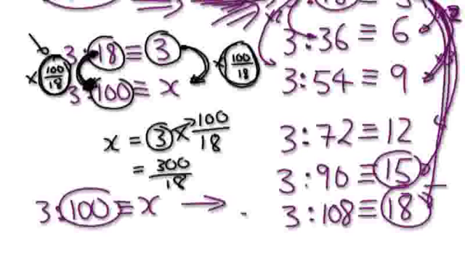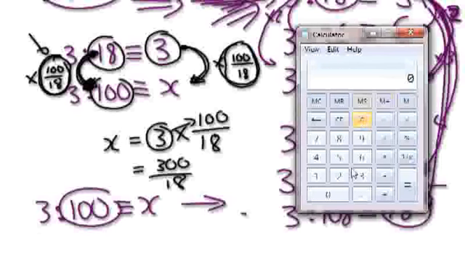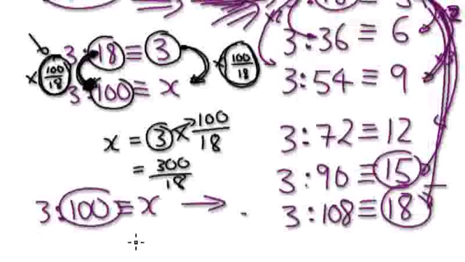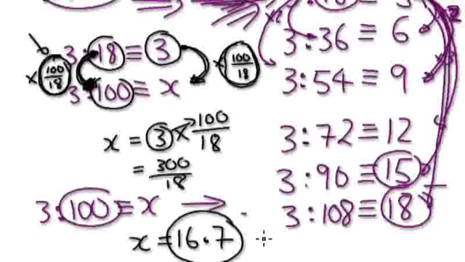So you would jump to your calculator. 300 divided by 18 equals 16.7. So x equals roughly 16.7. So to dig 100 meters with 3 people, you're going to need 16.7 days.